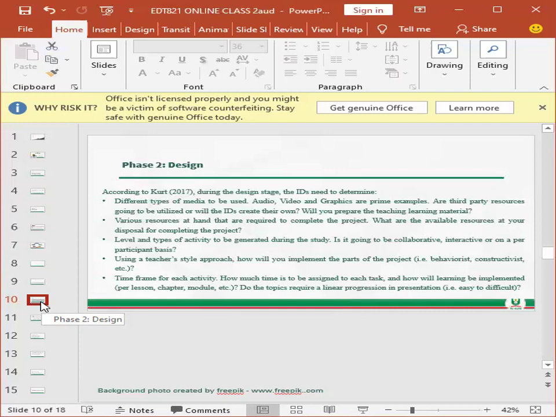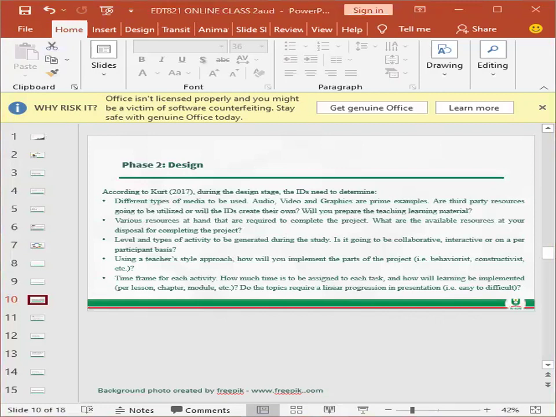Level and types of activity to be generated during study. Using a teacher style approach, how will you implement the parts of projects? Time frame for each activity.